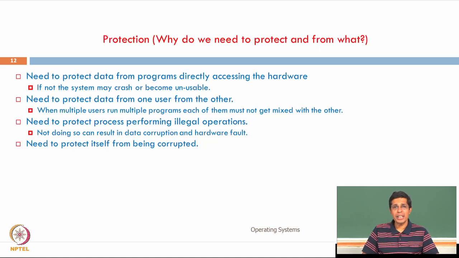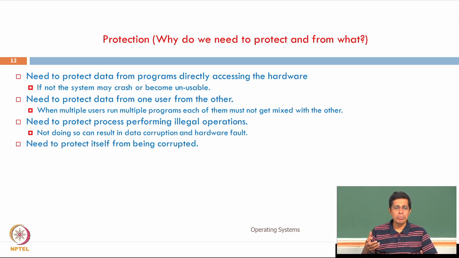Why do we need to protect? Let us take a mail server as big as the Google Gmail server. If I cause a fault on that and the entire server stops, it essentially means there is a denial of service to the entire set of mail users, say millions or billions of users of Gmail. So that is very important.